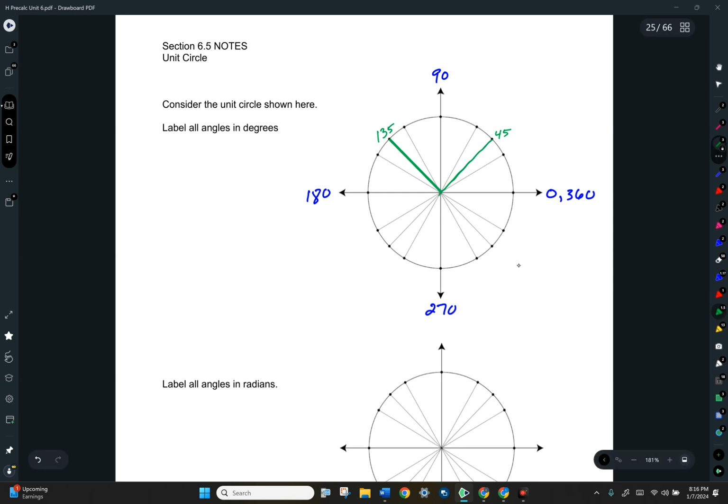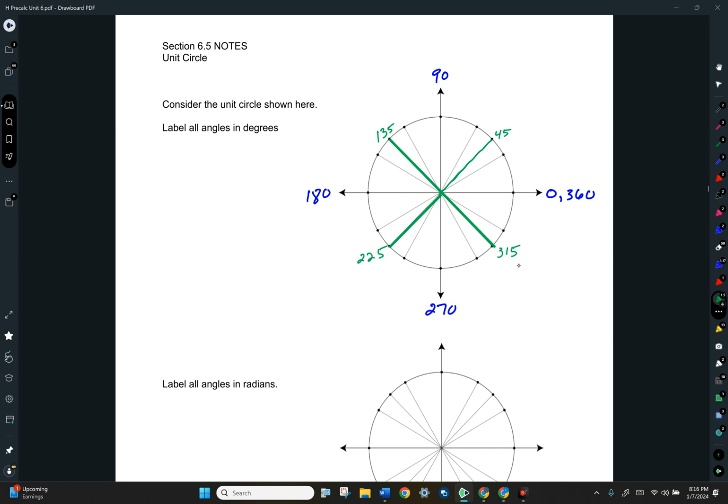And I could continue to do that. So all of these lines are halfway into the quadrant, the 45 lines. So if I just keep adding on 45, that means this one down here is going to be 225. And this one over here would be 315.